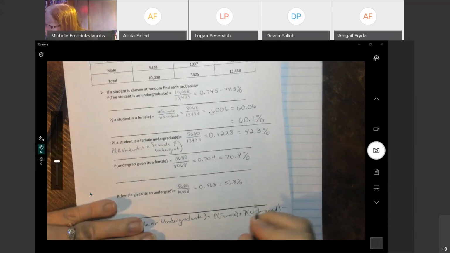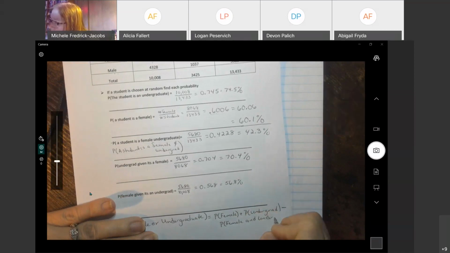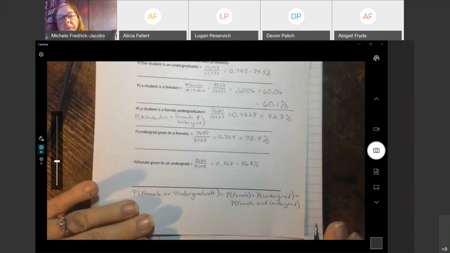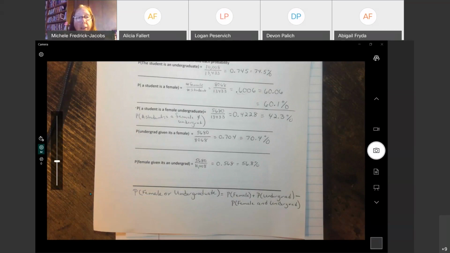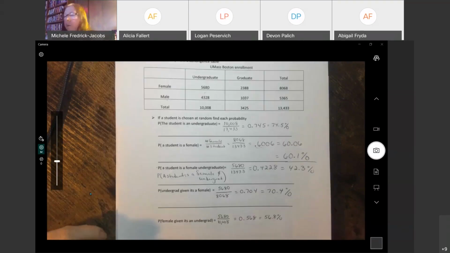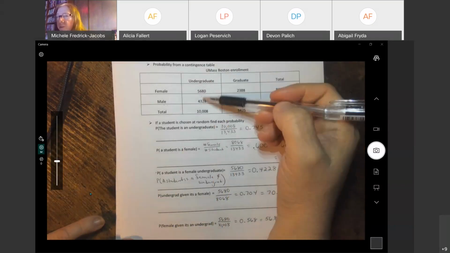So it's minus the probability female and undergraduate. So you have to subtract out the overlap because we added it twice. When we go across, we add that, and then when we go down, we had it twice.